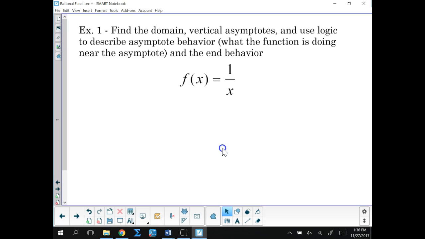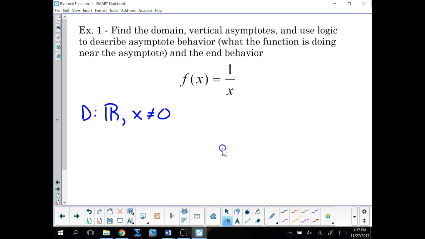What is the domain? Does everybody agree with all real numbers, but x cannot be 0? Okay? What is my vertical asymptote? X equals 0 is my vertical asymptote. What if I just put 0?